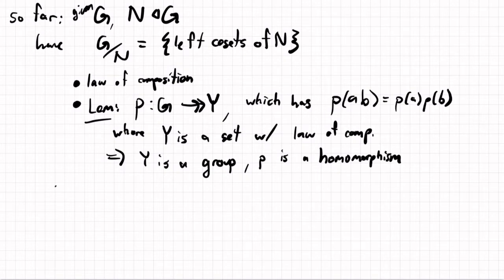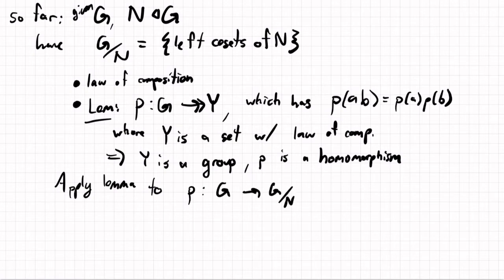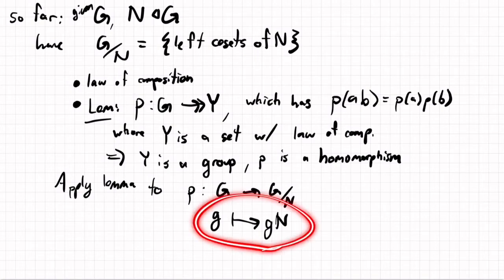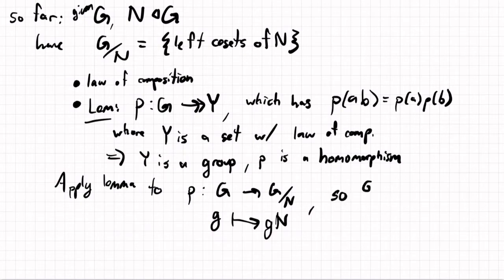So now we can apply this lemma to the map P from G to G mod N. We take an element and send it to its left coset, and that map is surjective because the cosets partition G. As a result, applying this lemma, the conclusion is that G mod N is a group.